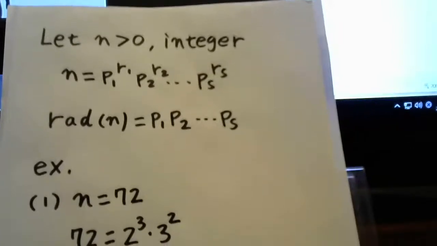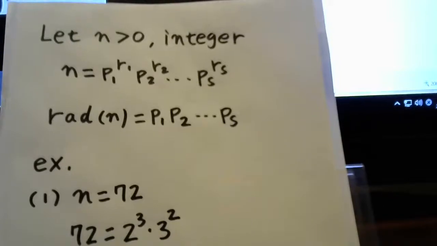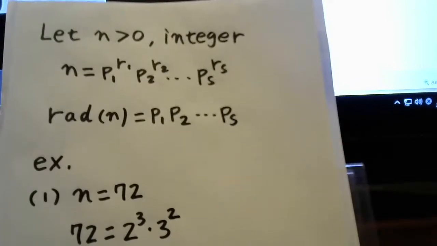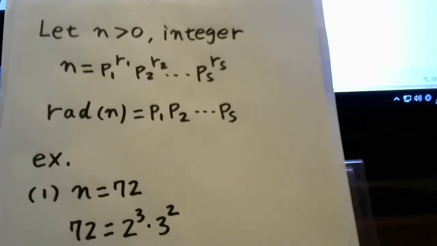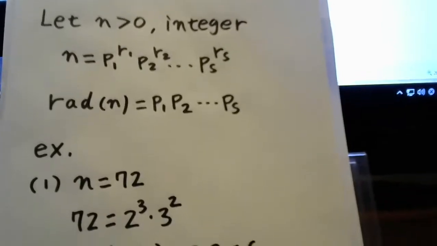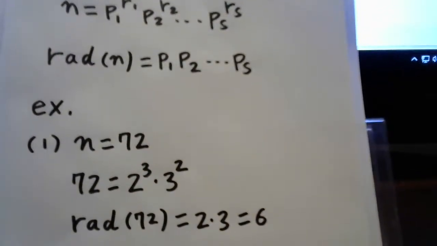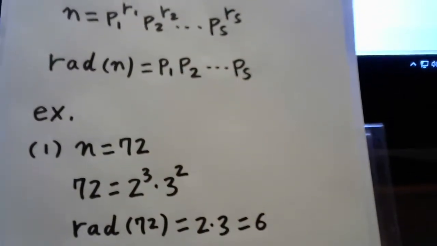Let's see examples. 1. In case n equals 72, 72 is factored as 2 cubed, 3 squared. So, radical of 72 is 2 times 3, that is 6.